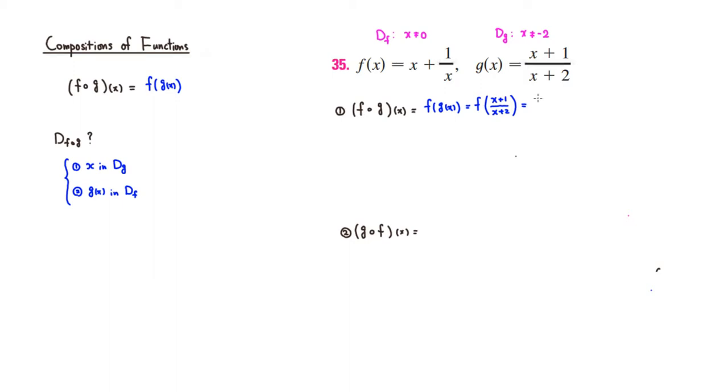So you're going to get x plus 1 over x plus 2 plus, we take the reciprocal of that, x plus 2 over x plus 1. If you want, we can put them together and look for a common denominator. I think this is fine for now.